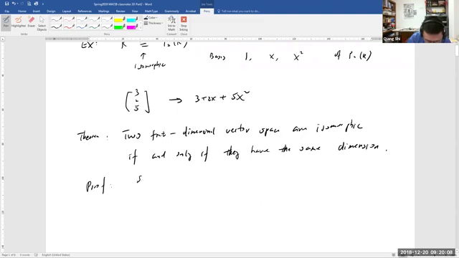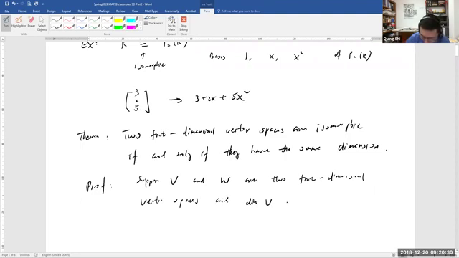So let's suppose V and W are two finite dimensional vector spaces, and the dimension of V is equal to the dimension of W. Let's first prove that V and W are isomorphic. That will be the relatively easier direction.